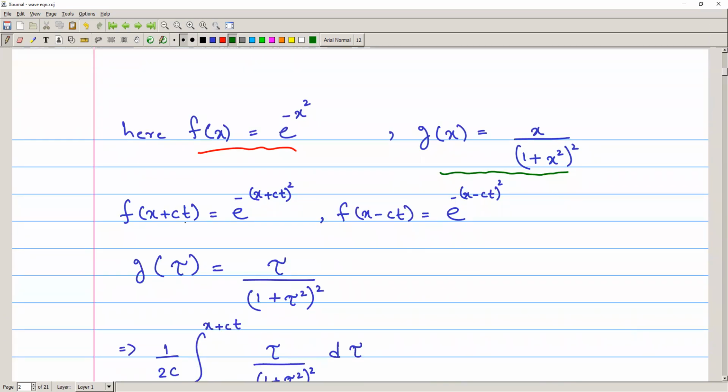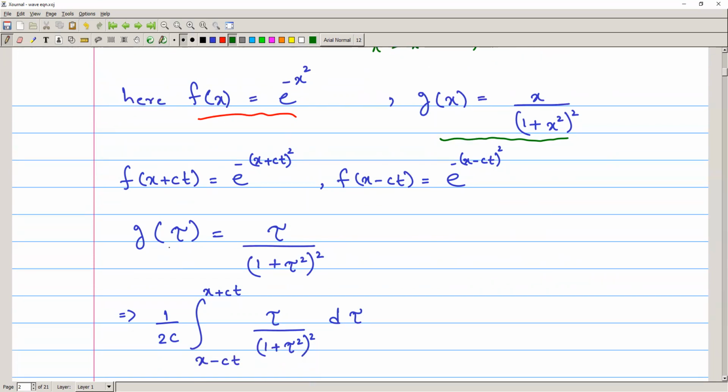So f(x + ct) will be equal to e^(−(x + ct)²). Just we will replace this x by x + ct and then x by x − ct. All right, so here e^(−(x + ct)²), and for x − ct, it's e^(−(x − ct)²).